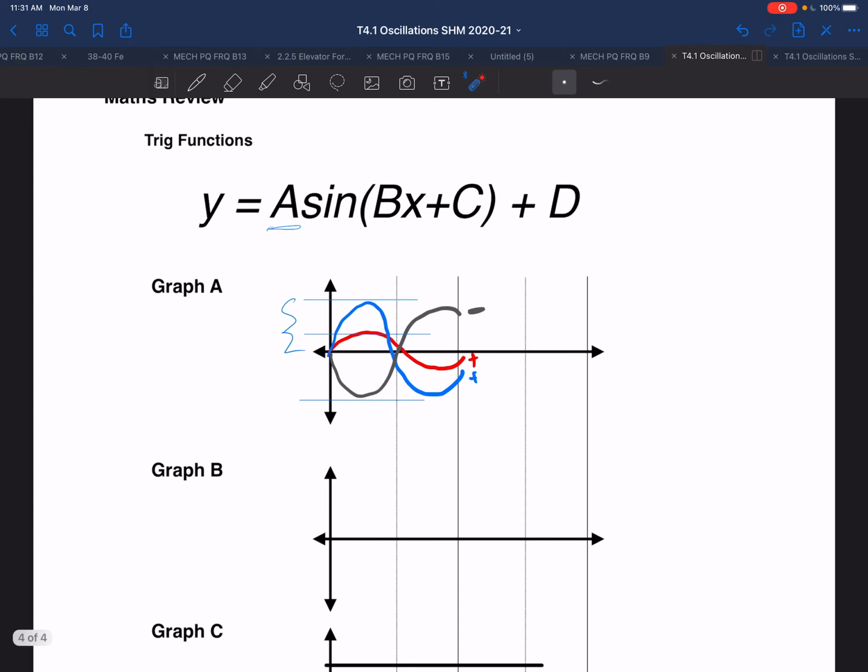The B, the angular frequency, the omega. If we start with a generic sine curve like this, the frequency could change.